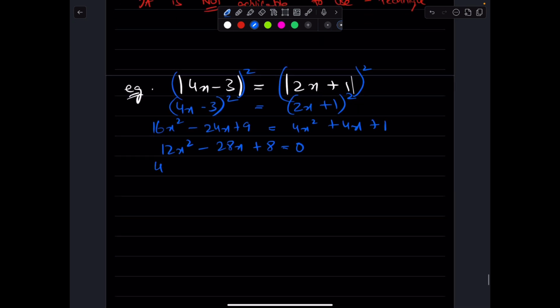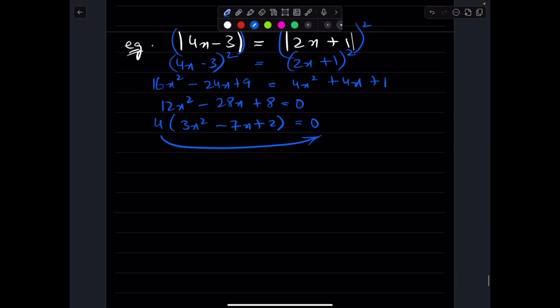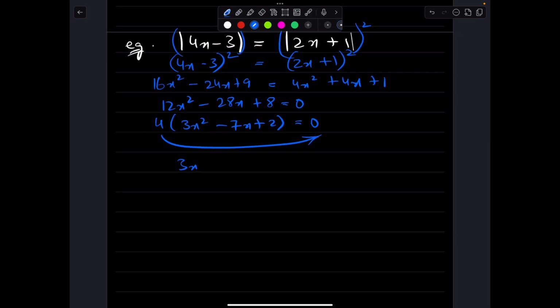We can simplify this by taking 4 common, and this turns out to be something like this. 4 goes on that side, and so we have this as the quadratic equation. We'll factorize this, and the factorized form would look something like this. And the two values of x which we get would be x equals 2 and x equals 1 over 3.